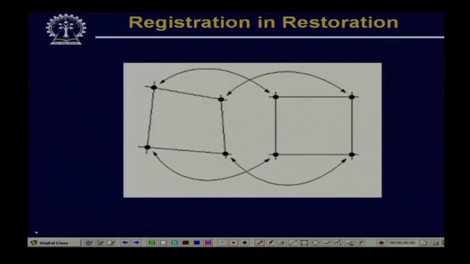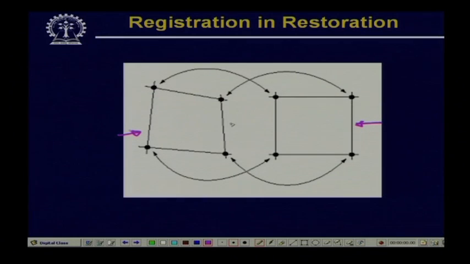So, suppose this is the figure of which we want to take the image, but actually the image comes in this particular form. Then this distortion which is introduced in the image can be corrected by applying this image registration technique.